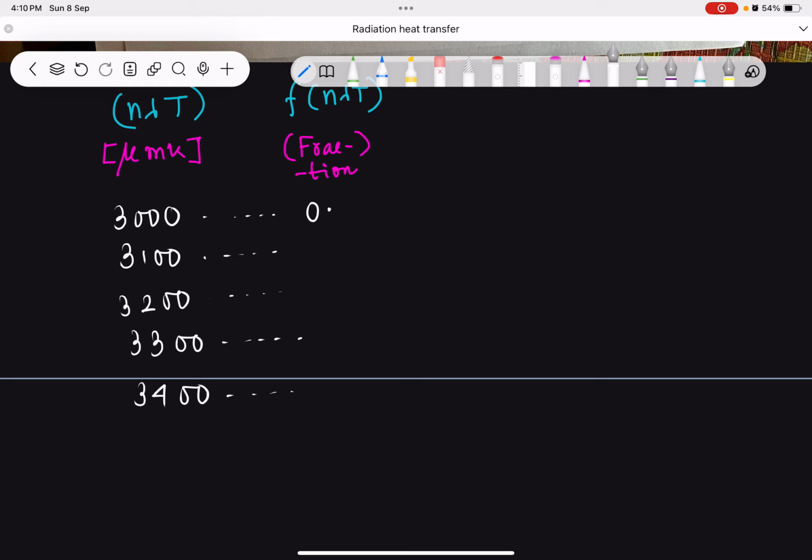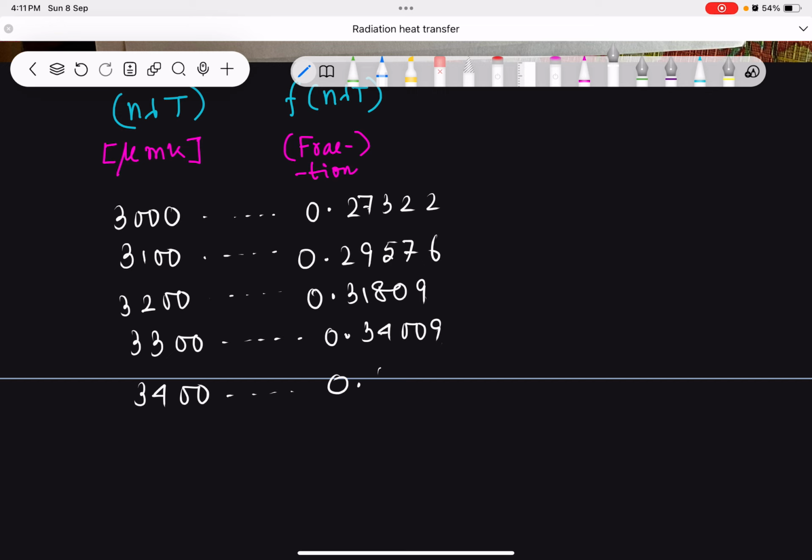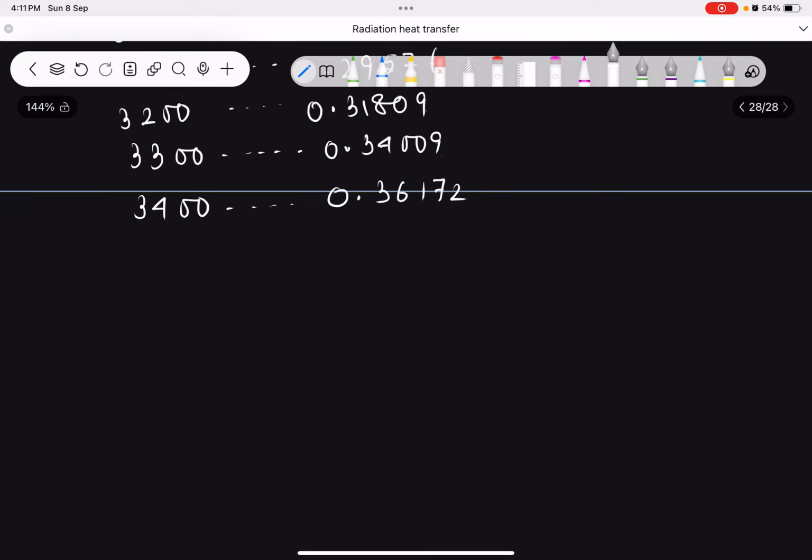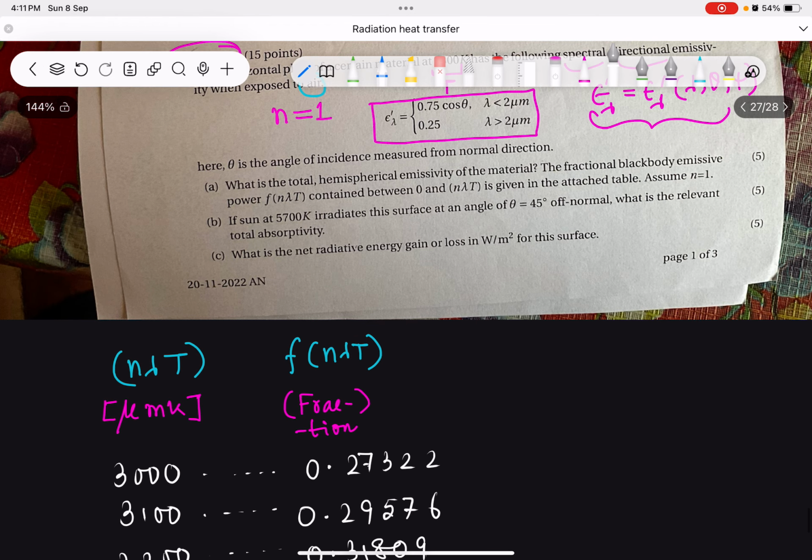For 3000 it is 0.27322, for 3100 it is 0.29576, for 3200 it is 0.31809, for 3300 it is 0.34009, and for 3400 it is 0.36172. Clear? There can be at least 100 values like this. Now let us solve the problem.